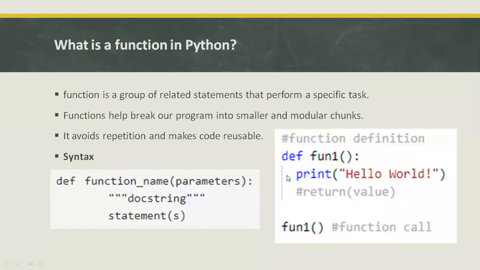The space is like a close curly bracket. Whenever you remove this space, it is like a close curly bracket, and this colon is like an open curly bracket. So this is the new thing that you have to remember: you write def, the function name, and the parameters. So this is the syntax.